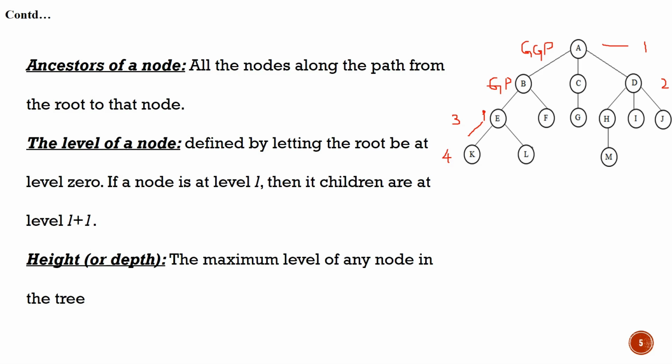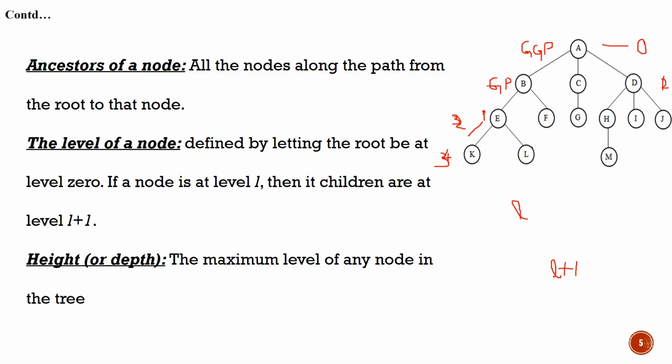If a node is at level L, then its children are at level L plus 1. So A is a root node whose level we start with 0, the next one with 1, the next with 2, and the next will be 3. Generalizing, if I am at level L, my children will be at level L plus 1.